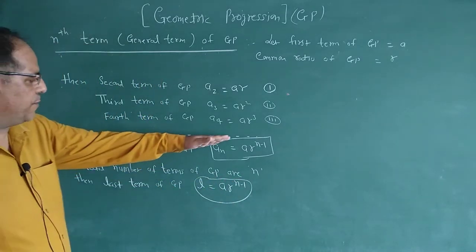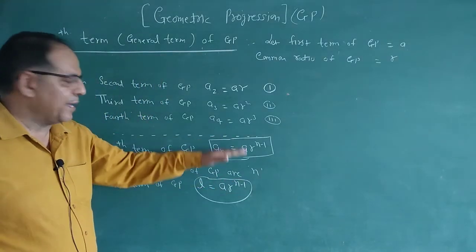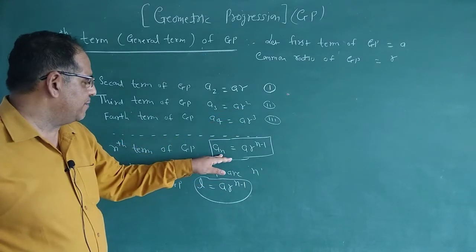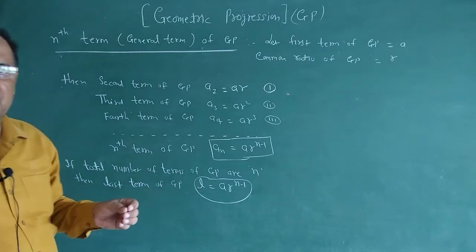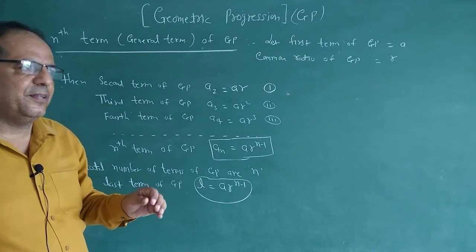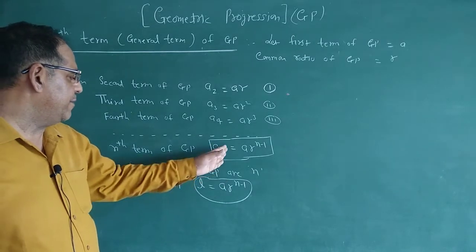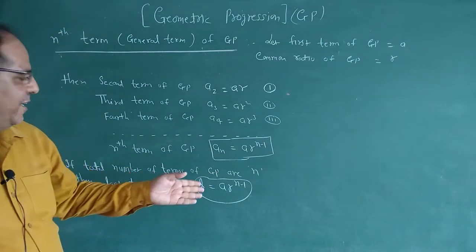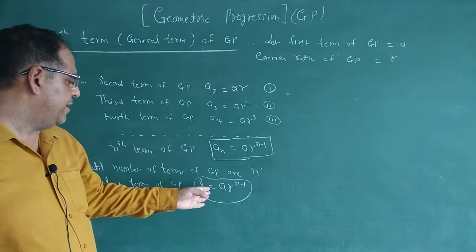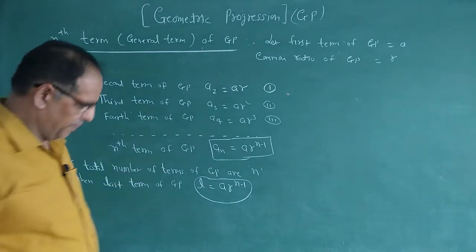So we observe both formulas are the same. This is the nth term and this is the last term. So if the number of terms in a GP is given, then in both cases AN can be equal to L. Otherwise, AN is the desired term of the GP and L is the last term of the GP.